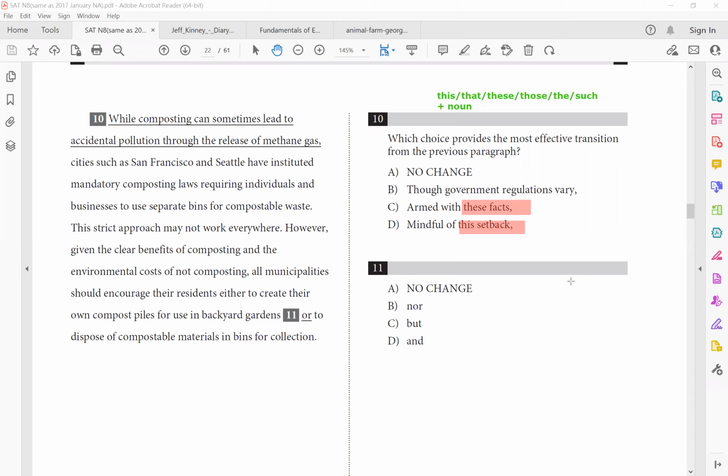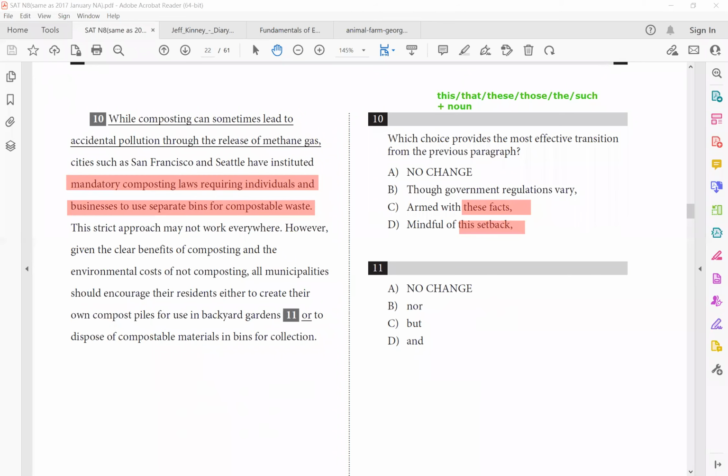But in order to make sure we know the right answer, we need to keep reading to see if it transitions well. It is a transition after all. So cities have instituted mandatory composting laws requiring individuals and businesses to use separate bins for compostable waste.